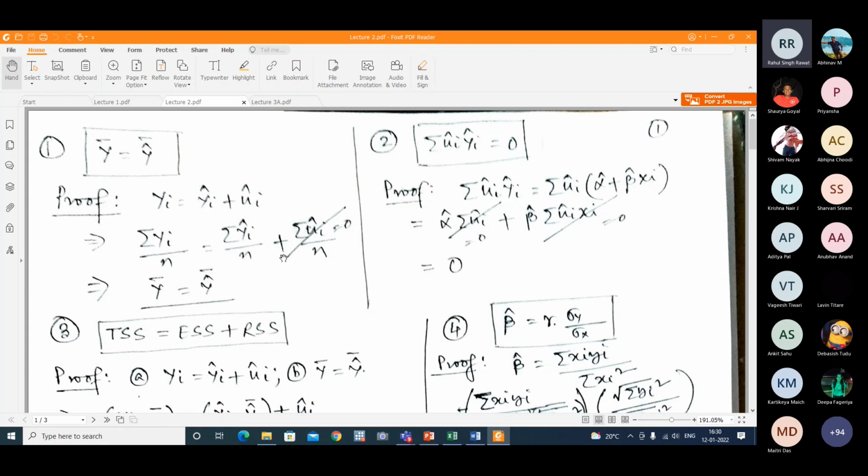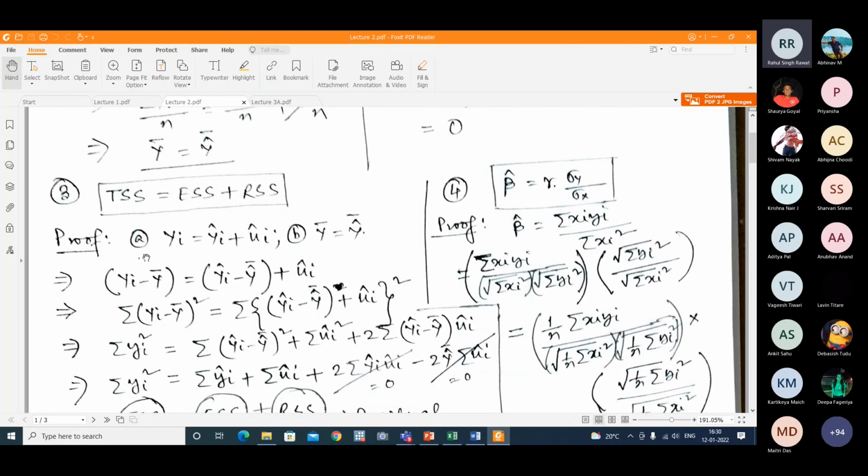If this is not equal to 0, then y bar is not equal to y hat bar. If y bar is not equal to y hat bar, I cannot write it like this. What I am doing here, I am simply subtracting y bar from this side and y hat bar from this side, and I am doing this only because I have this.